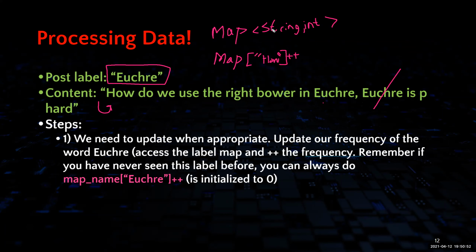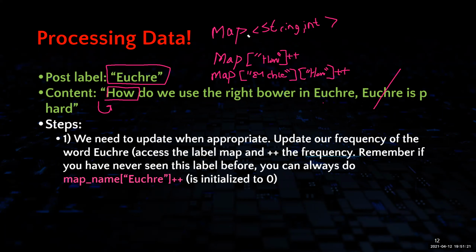After that, I'd reflect the fact that euchre exists in my map as well, and also has the word how related to it. To do that, I again have that 2D map. So I'd say my map containing euchre with the word how, I'm going to update like this.